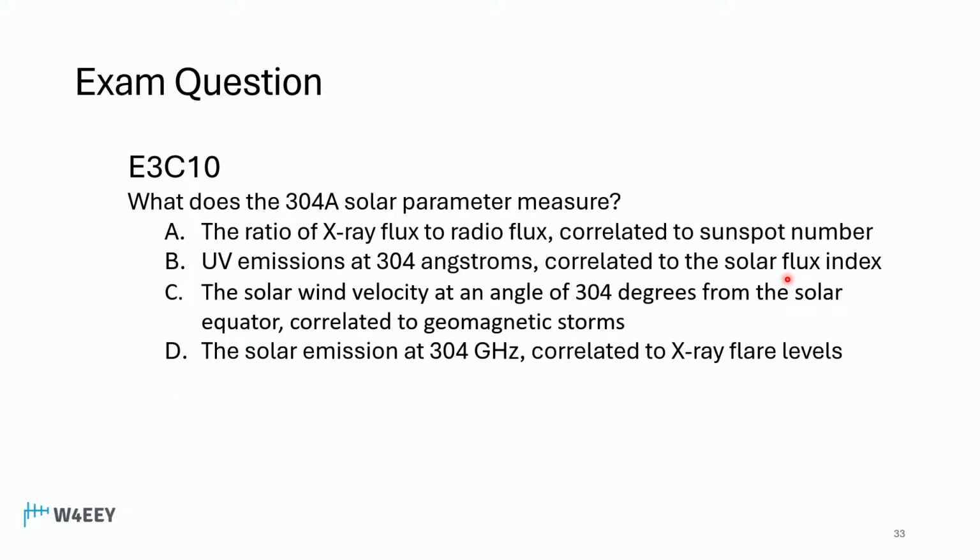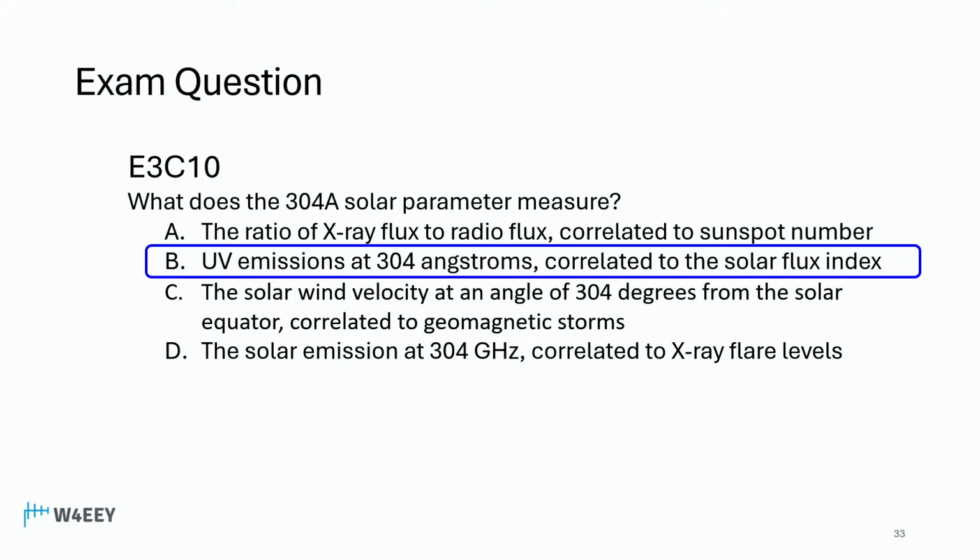What does the 304A solar parameter measure? Bravo. Yep. I thought somebody said waffle there, but no. The UV emissions at 304 angstroms correlated to the solar flux index. And I just noticed something. I said that 304 appears in the question and the answer. Well, I see in this version of the pool questions, they've got another 304 here, so my little trick won't necessarily work.